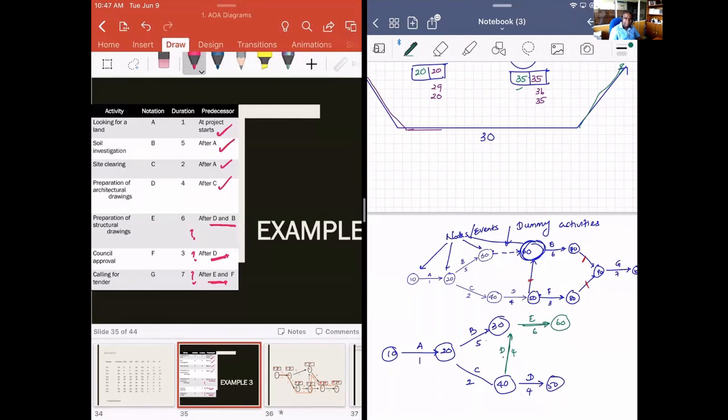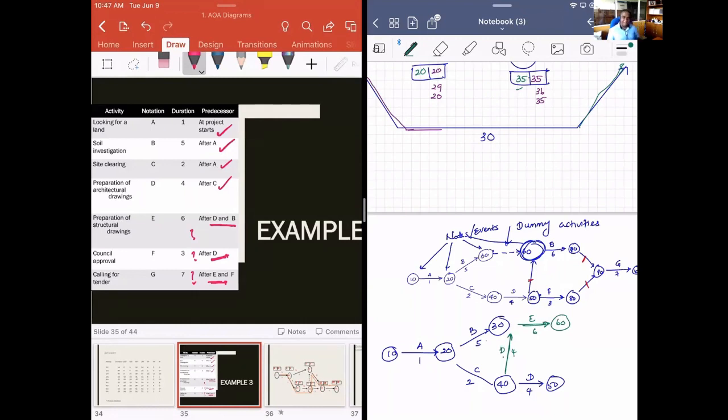This is the only place where you can come across some issues in this technique. So no issue. B and D can finish on the same node, and then E can be started. No issue. But the problem is F.